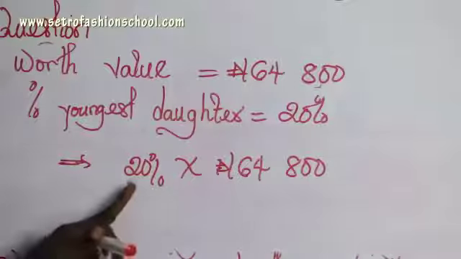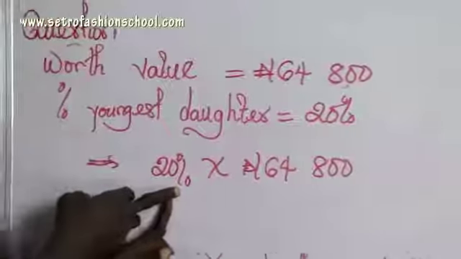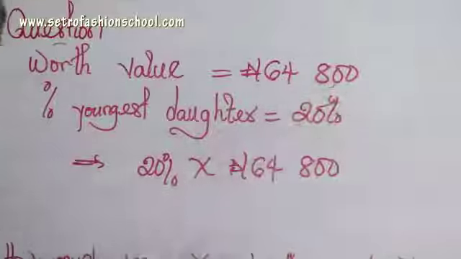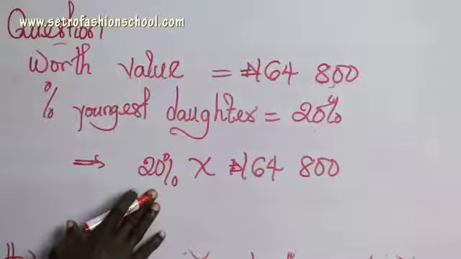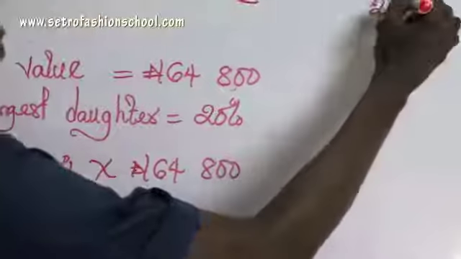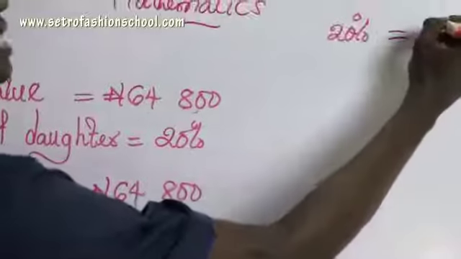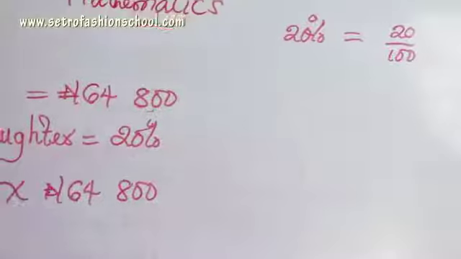Don't forget, when you have something like this in mathematics, a percentage, you have to take it to a fraction. What will be the fraction of 20%? Good of you, 20% in percentage is the same thing as saying 20 all over 100, and that is the fraction.